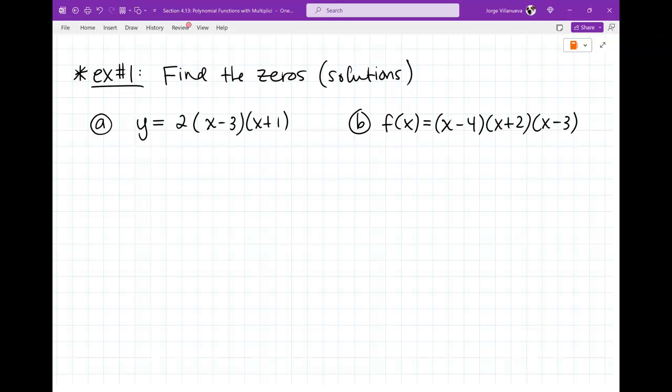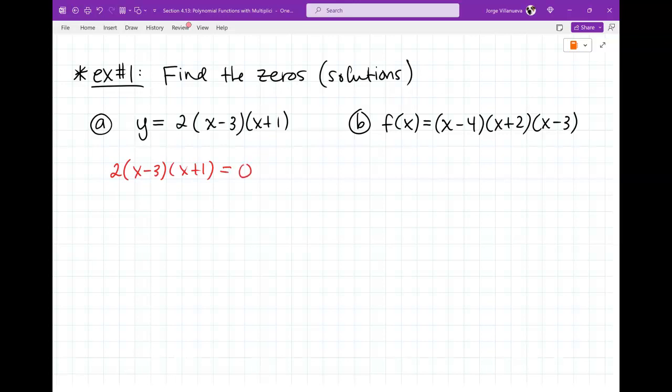All right? So they're going to want you to find the zeros. In other words, set this up so that it's equal to 0. So this is what I'm going to do. Let's do part A really quick. I'm going to write 2(x minus 3)(x plus 1) equal to 0.